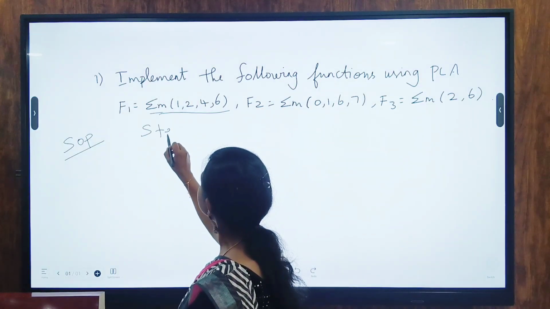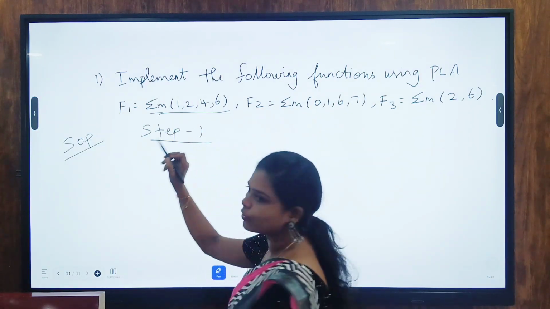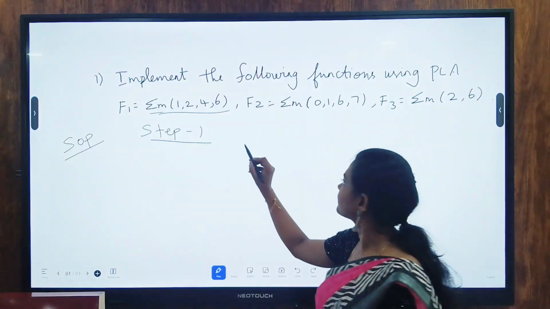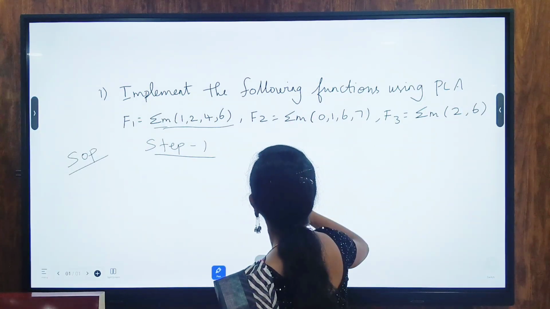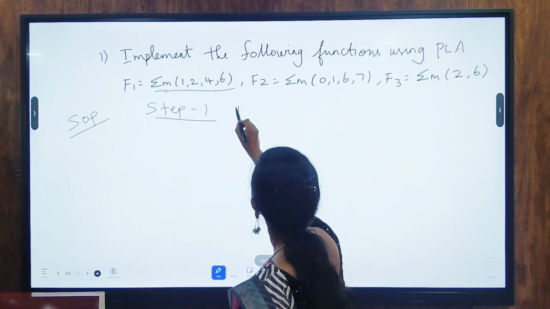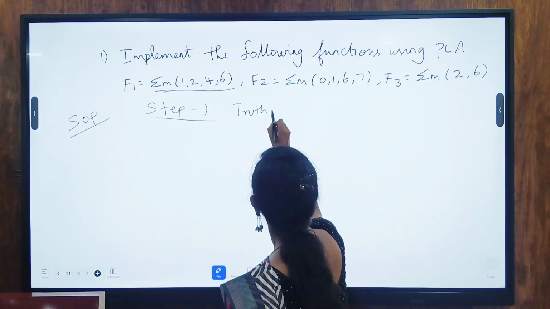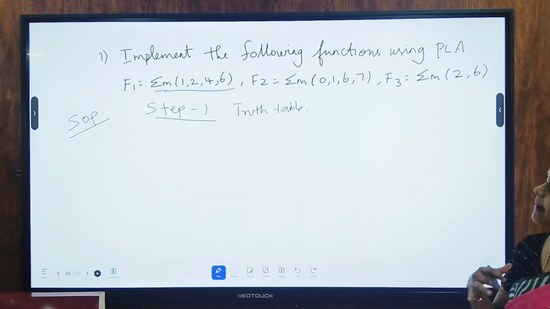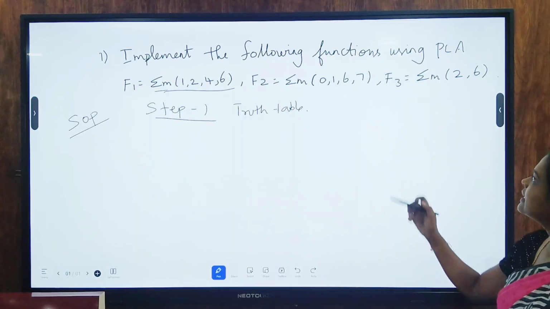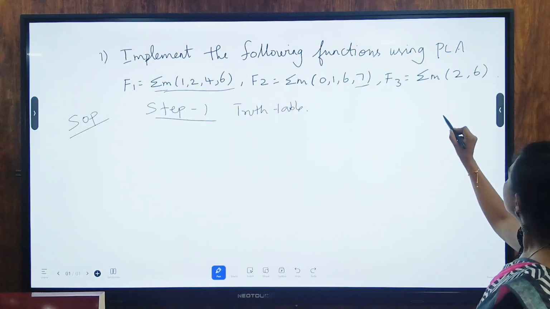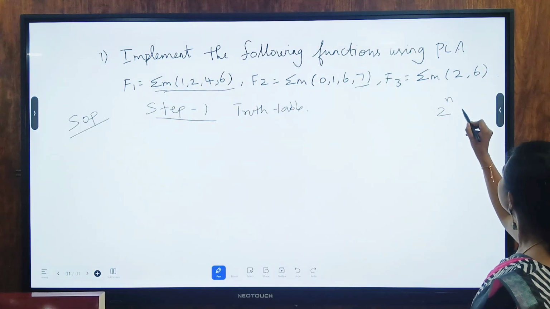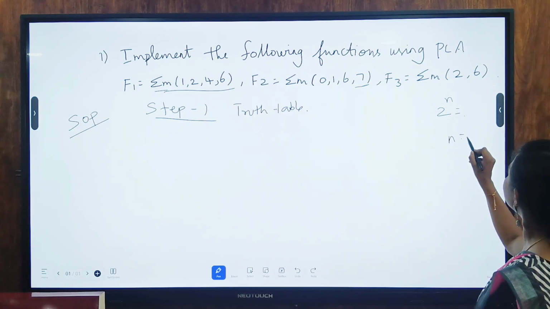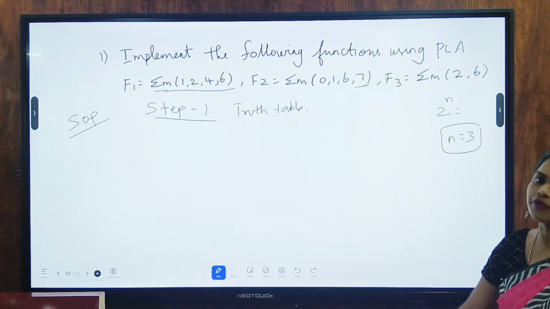So for implementation of PLA, the first step is we are going to construct a truth table. If you observe from the question, the maximum minterm is 7. So we are going to take n equal to 3, where n is the number of variables.